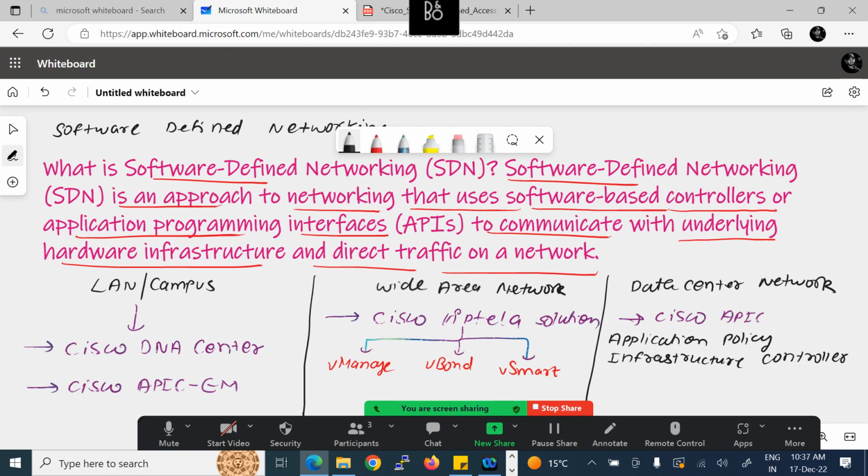All right. Viptela was a completely independent organization, but now Cisco has acquired Viptela. So that's why it is known as Cisco Viptela. Like Cisco acquired Meraki, that's why we call it Cisco Meraki.